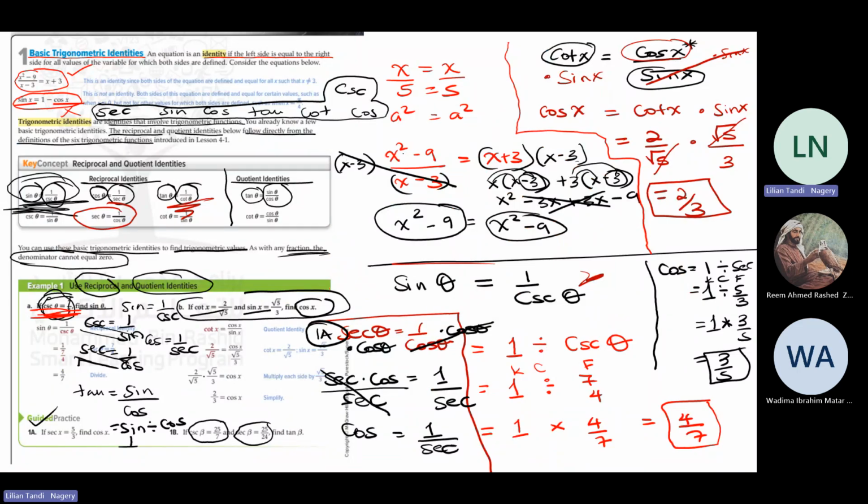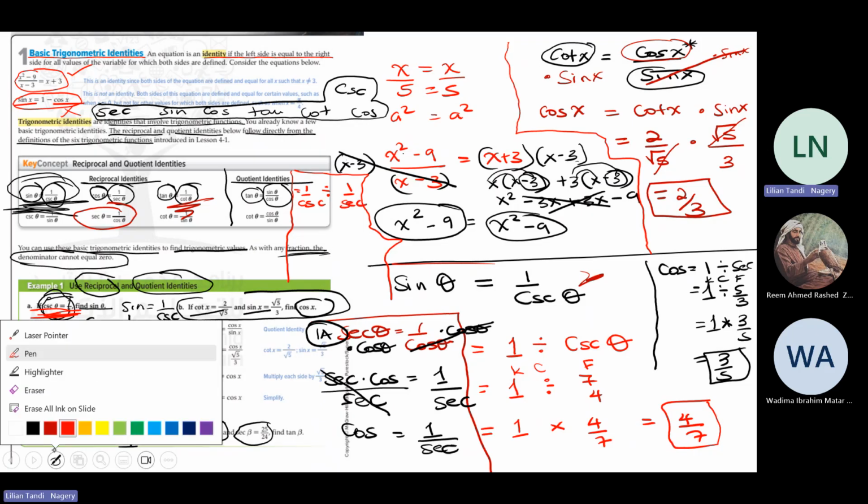Okay, where will I write? Let me write it over here, okay? So sine is 1 over cosecant, yes? And I am dividing with who? Cos, and cos is who? 1 over secant. Up to here, we are good?